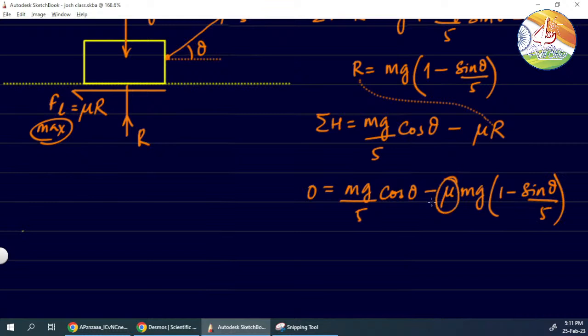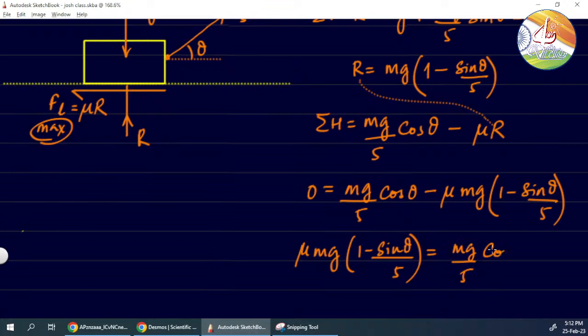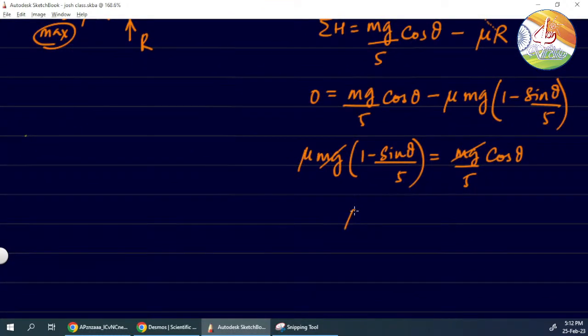Now we are interested in finding mu, so keep mu on one side and send everything to the other side. So mu mg times 1 minus sin theta by 5 we have sent to the left side. On the right side we will have mg by 5 into cos theta. So mg and mg will cancel out, and mu will be equal to cos theta by 5 divided by 1 minus sin theta by 5.